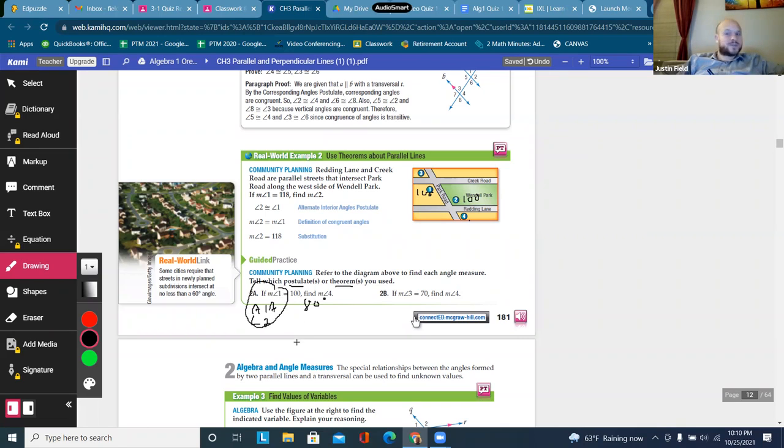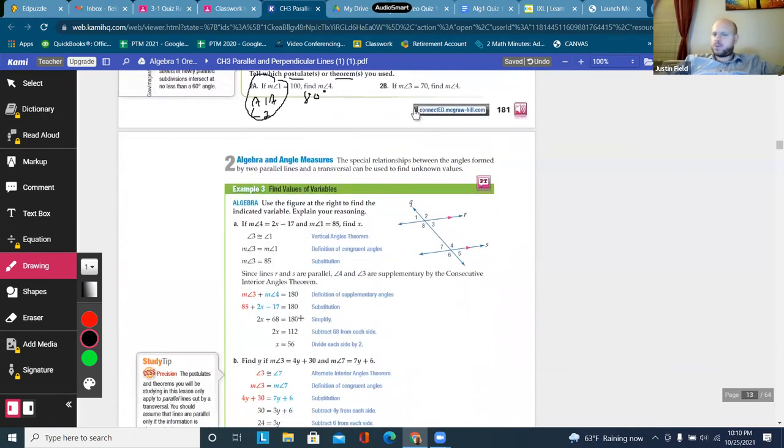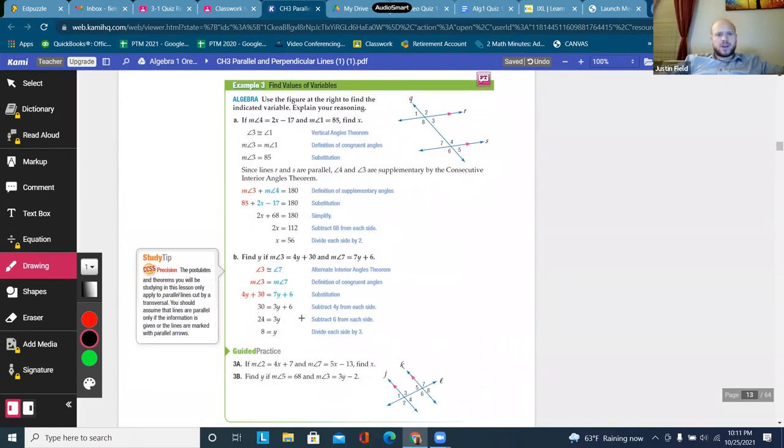So they're congruent. But then I also know that angle 2 and angle 4 are linear pairs, so they're supplementary, subtract from 180. Okay, hopefully that makes sense. You can post it in the organizer.